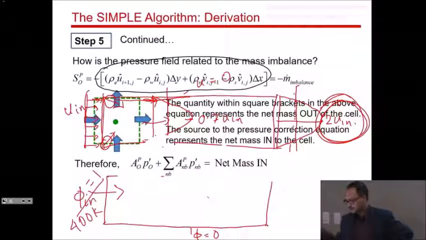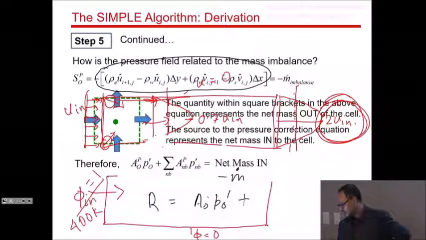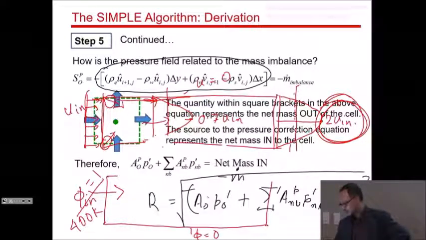So what we're doing is, yes, sure, we can. We have this equal to negative m dot, right? So we can say, okay, my residual is a naught p naught prime plus summation of a neighbor p prime neighbor plus m dot, summed over all the cells.